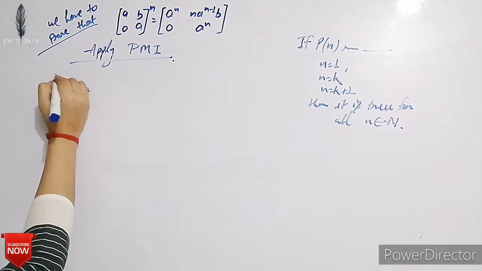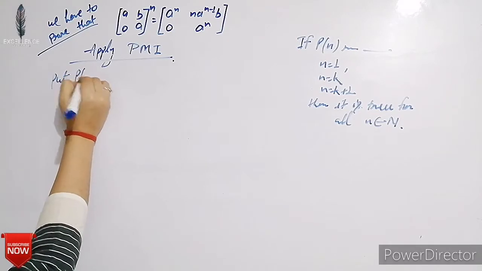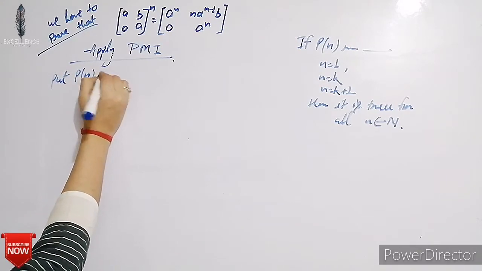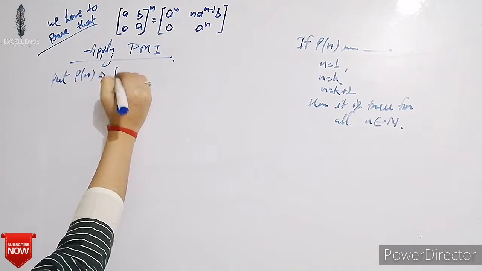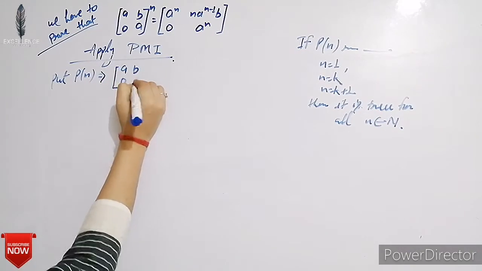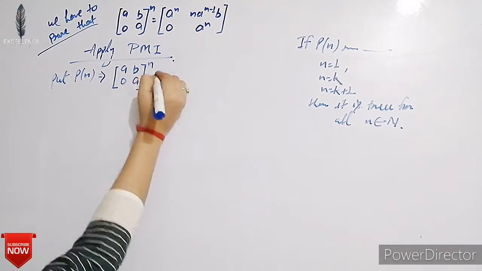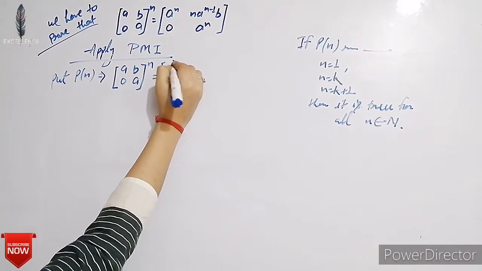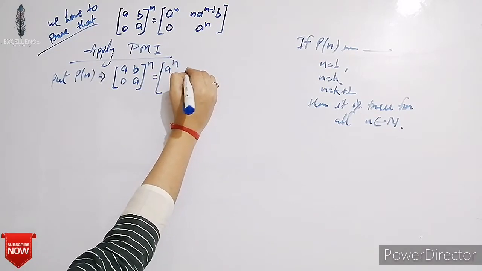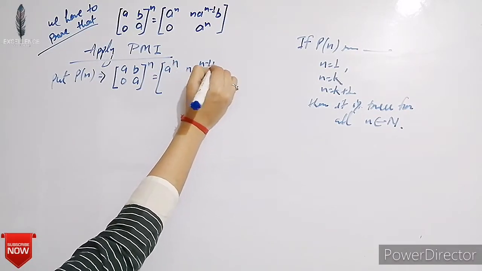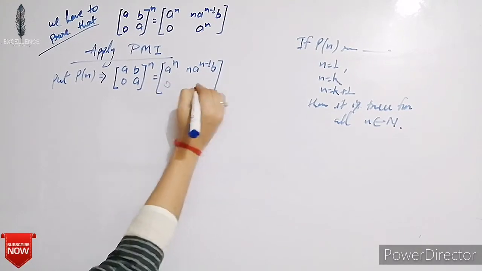Okay. So first let P of n be the given condition, that is [a 0; b a] raised to power n is equals to [a^n 0; n a^(n-1) b a^n].